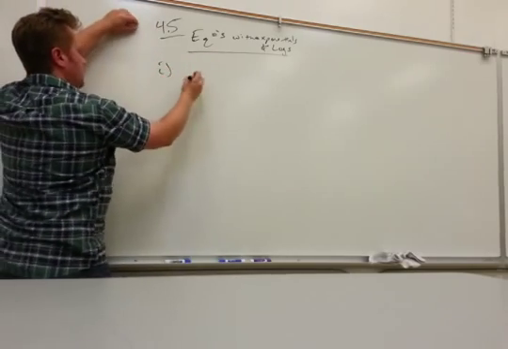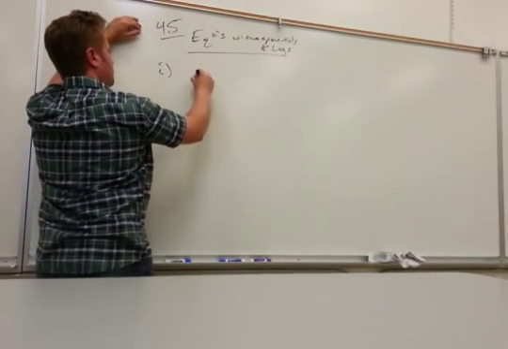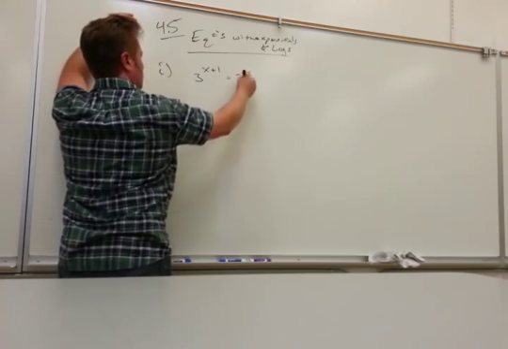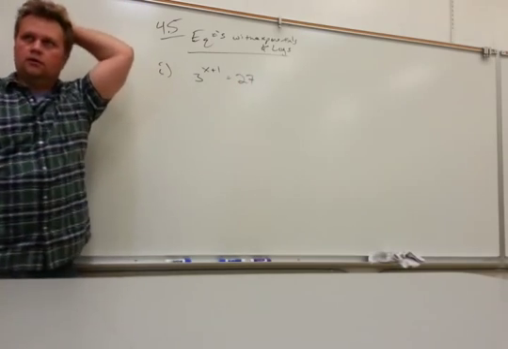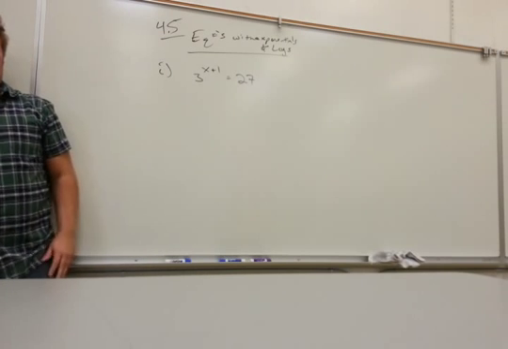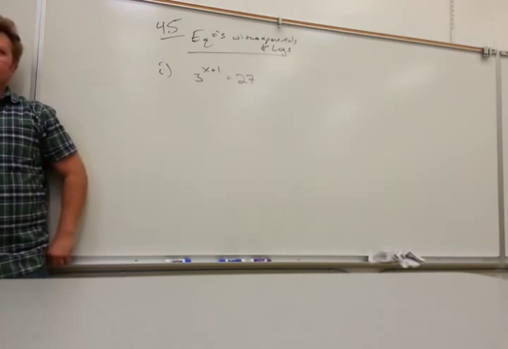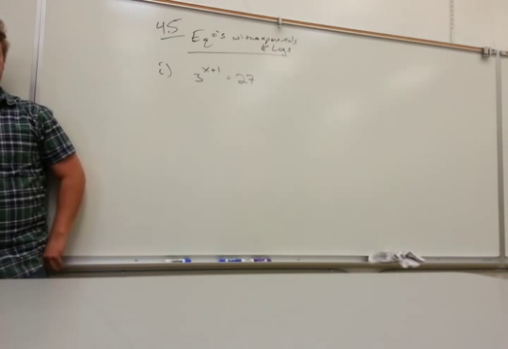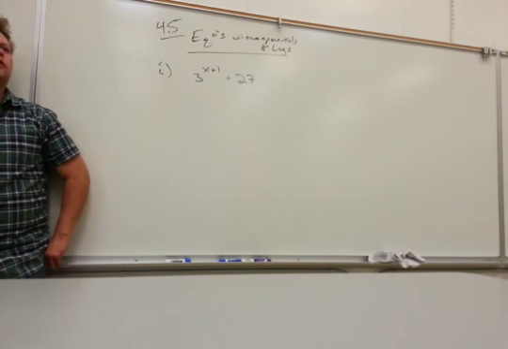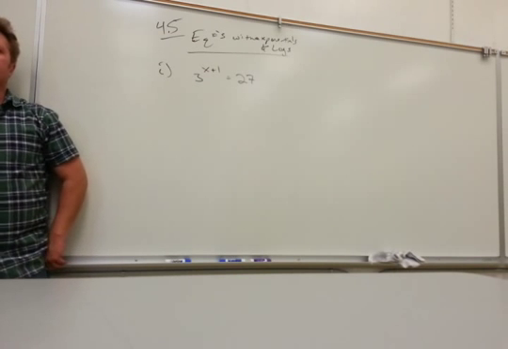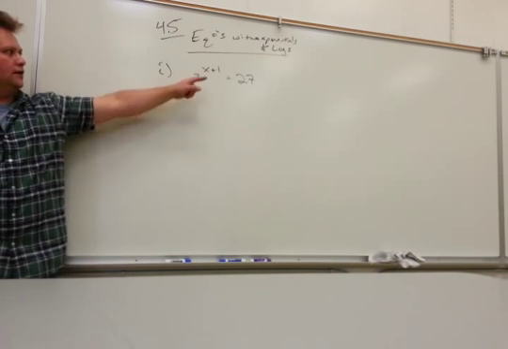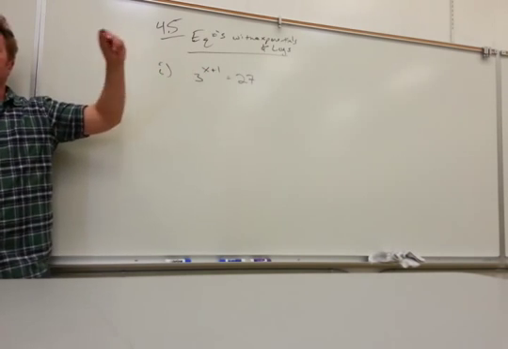So for example, if I had 3 to the x plus 1 equals 27, that actually ends up being an incredibly easy problem. And why is that going to be a really easy problem, do you think? We know the answer. Because 3 is a base that could make 27, right?